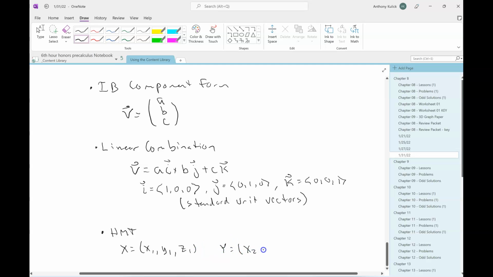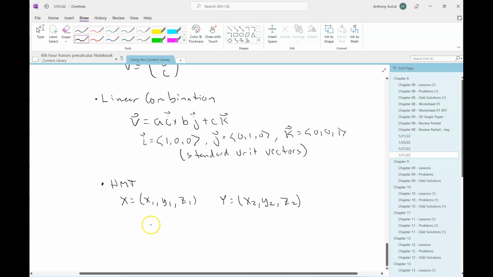So remember, in 2 dimensions, we use the head minus tail rule to take 2 points and convert them into a component form vector. We can do the same thing in 3 dimensions, but instead of having 2 components to our component form, we just have 3 components, but it still works the same way.